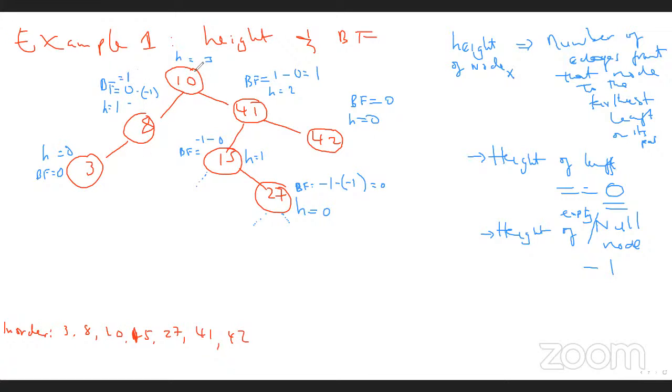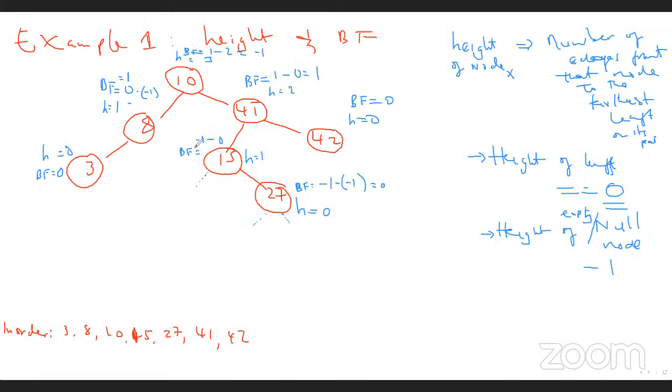What's the balance factor at 10? Okay, so the height at 8 is 1 minus the height at 41, which is 2. So this will be 1 minus 2, which is -1. See that?